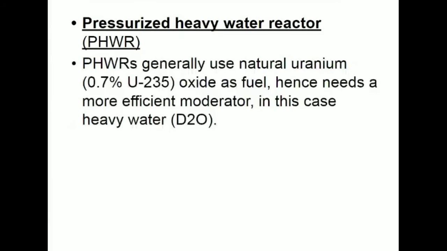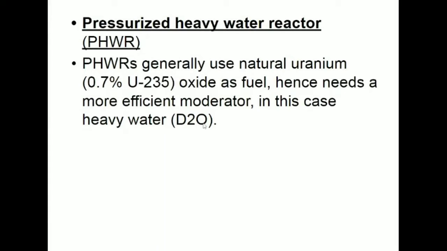Next type of reactor is the pressurized heavy water reactor. As the name implies, heavy water is used inside the reactor. So PHWR, pressurized heavy water reactors, generally use natural uranium as uranium oxide as fuel, hence need a more efficient moderator.